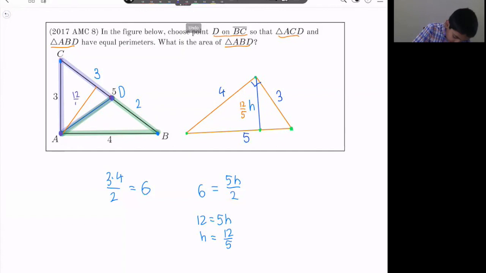This height is 12 over 5, as you found earlier. So the area is just going to be 2 times 12 over 5 divided by 2, essentially 2 times the height divided by 2, which is equal to 12 over 5.